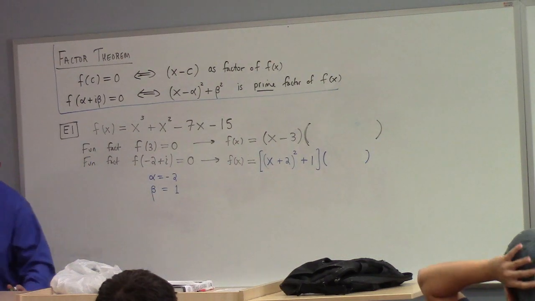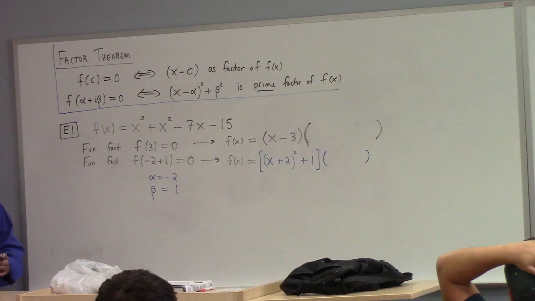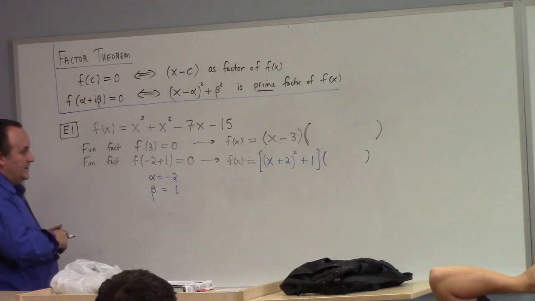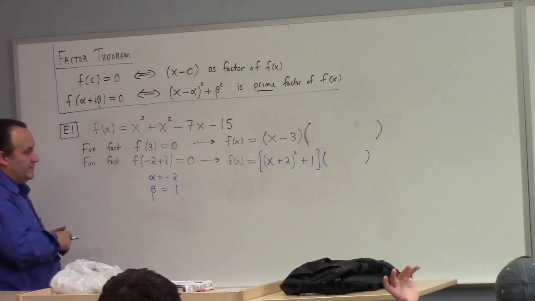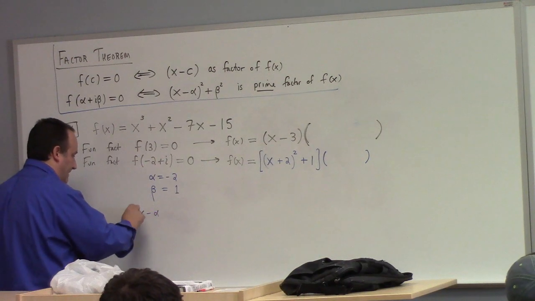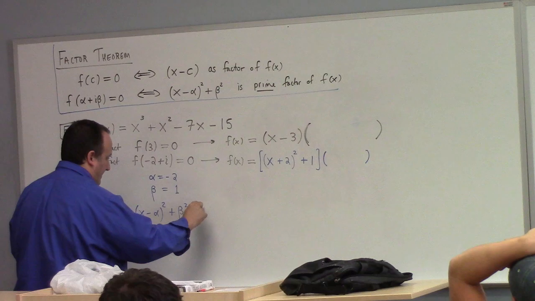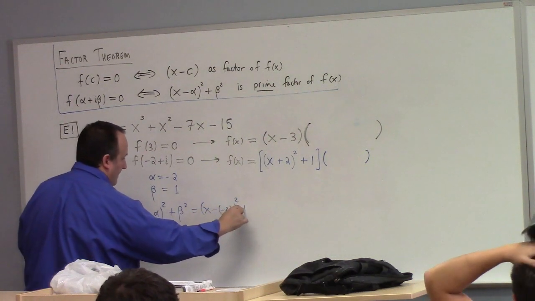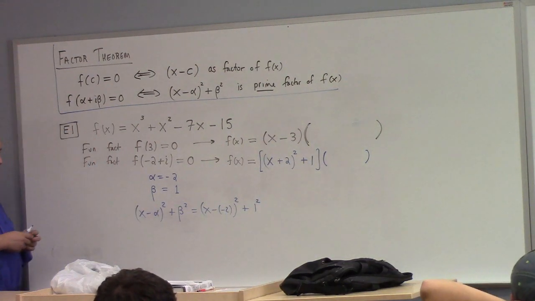Yes, Michael? For the fun fact, f of negative 2 plus i, where is the i in the pattern? The beta, I'm thinking, is... negative 2, so positive 2, x plus 2 squared plus i.